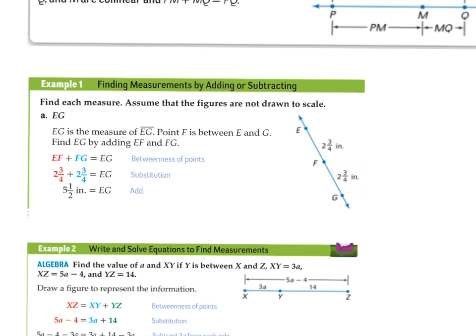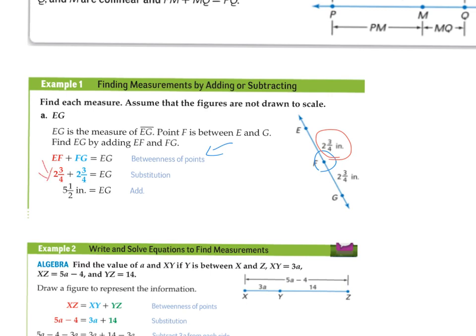So the idea here is that we set up our equation, as they did here, with betweenness of points. That point F is located between points E and G. We're then going to substitute what we know. We know that the distance between E and F is 2 3/4 inches. So we're going to put that here.